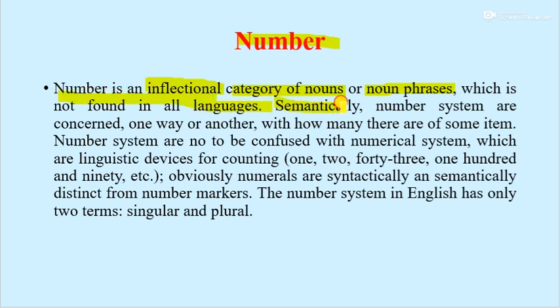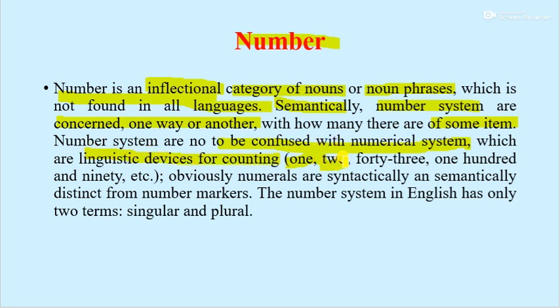Semantically, number systems are concerned with one or more than one, how many there are. Number systems are not to be confused with numerical systems, which are linguistic devices for counting.